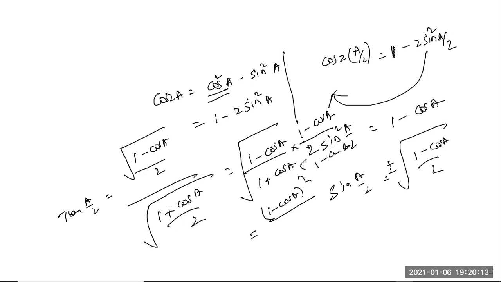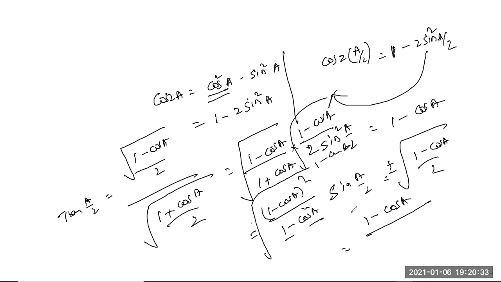In the numerator you will get 1 minus cos a whole square, and in the denominator you will get 1 minus cos square a. So the 1 minus cos a whole square and root will get cancelled, so in the numerator you will get 1 minus cos a, and the denominator 1 minus cos square a is simply sin square a, right? So you will get sin a.